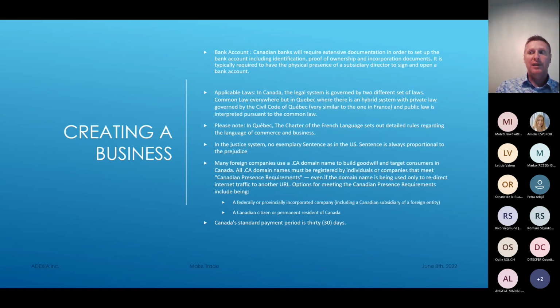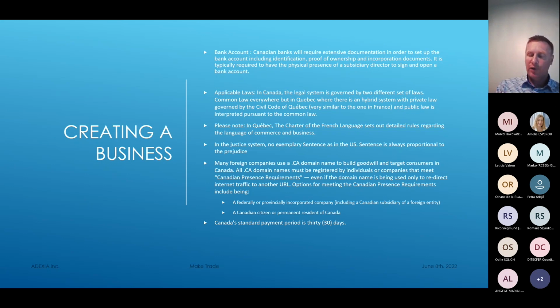So they do take that very seriously in Quebec, and please make sure you understand it from the beginning and that you incorporate those obligations from the very beginning when you start a business in Canada, especially if you have some activity in Quebec.